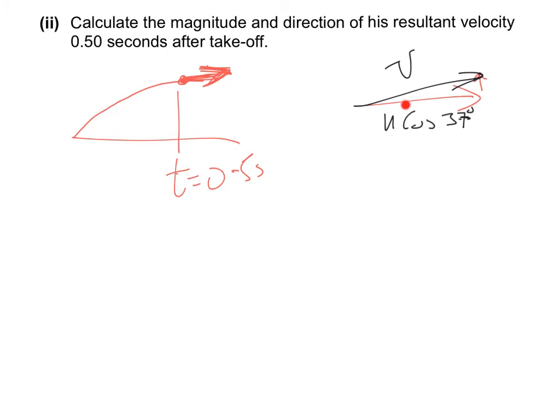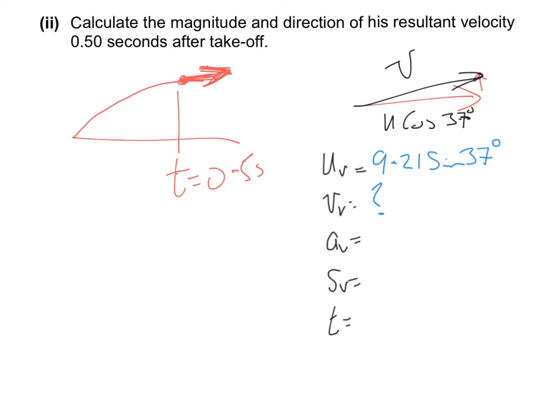So the horizontal part is going to remain at u cos 37. What we are interested in is this tiny vertical part. So we want to find the final vertical velocity at t equal to 0.5 seconds.